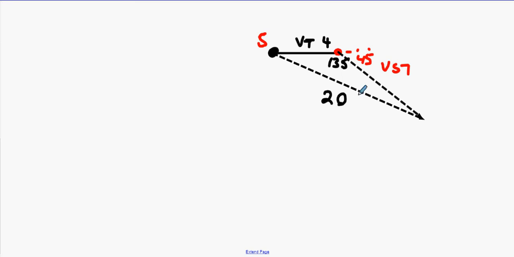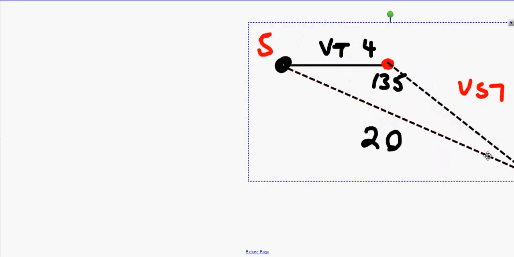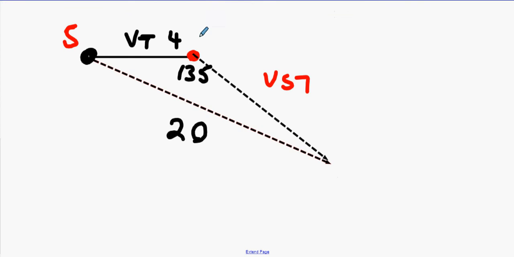Now, do I have enough information to find out everything I need to know about this triangle? Is there enough there? As I said, if you have 4 pieces of information out of 6, you're in business, right? I can use the sine rule, can't I? Where do you want to start with the sine rule? 20 over sine 135. And what does that equal?